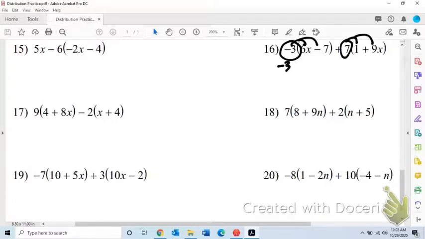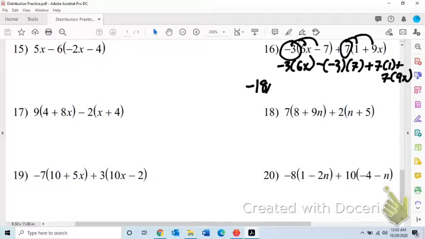So this gives us -3 times 6x minus -3 times 7 plus 7 times 1 plus 7 times 9x. So -3 times 6x is -18x. Minus 21, minus a -21, plus 7, plus 63x.